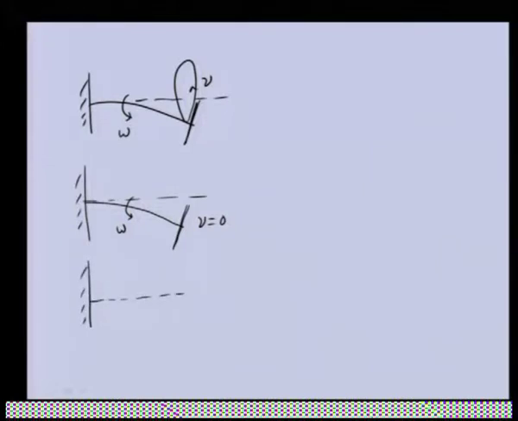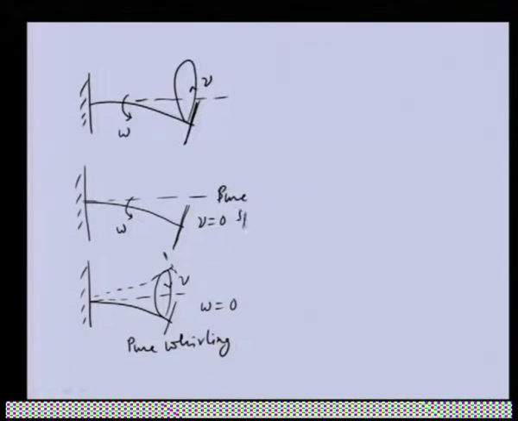In this case the shaft is not spinning, only the pure whirling is taking place. So, it is moving along this path with frequency nu, but as such there is no spinning, spinning is 0. This particular case we call pure whirling, and the other case is pure spinning.